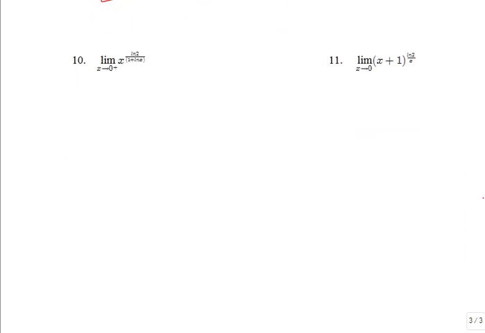Okay, let's finish up with a couple last examples that have those powers again. So on this next one, we're letting x go to 0 through positives. So this base x is going to 0. This power is going to ln of 2 on the top, and then ln of 0 through positives, remember, that is going to minus infinity.